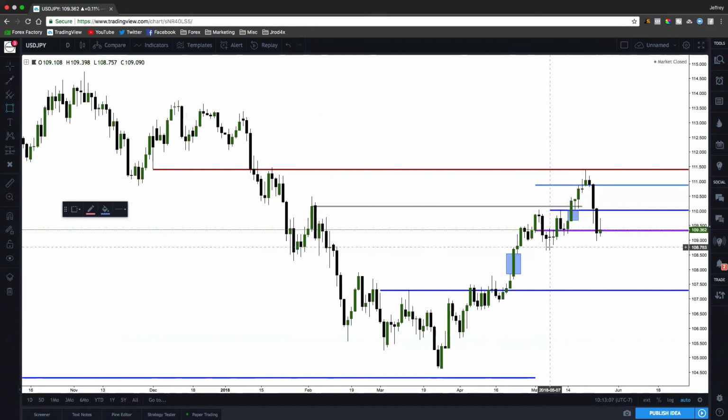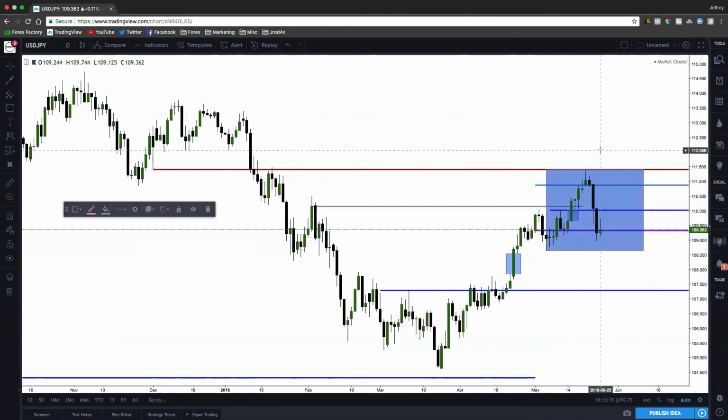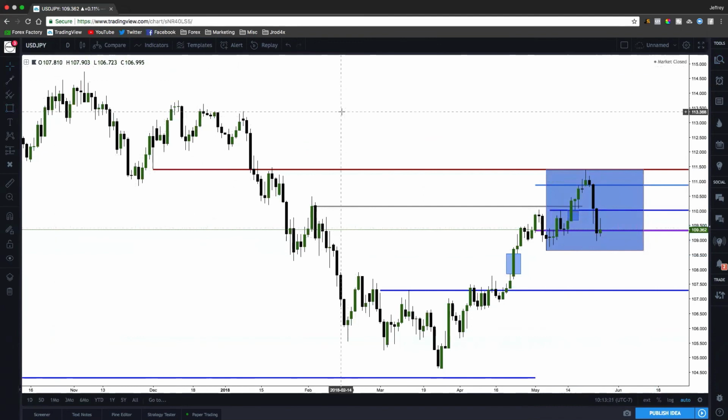What I'm getting from that is, whenever one of the majors, especially with dollar as the base currency, so USD JPY, USD CAD, dollar Swiss, anything like that, if one of those pairs starts showing weakness before the other, that likely means there could be a potential top forming in the dollar.